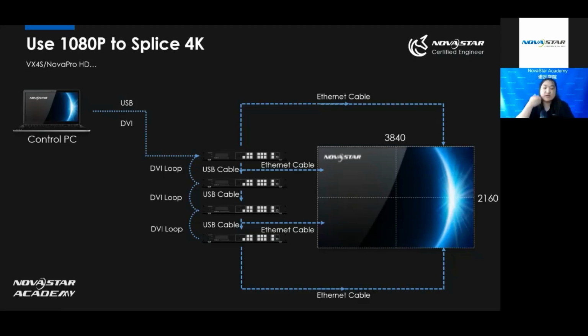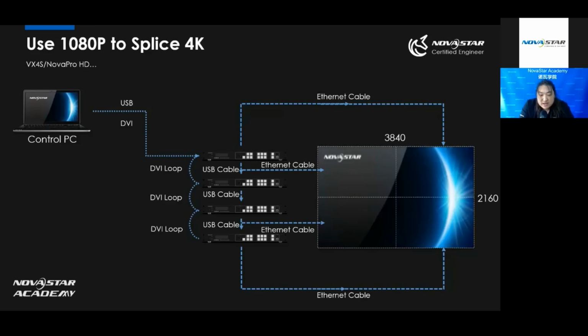As we can see here, the control PC gives the video signal like DVI, right? And by using the DVI loop we connect all the devices here. But someone will ask, what if I'm going to use HDMI? I have to say the answer is no. Why? Because it only has the DVI loop, so the input should be DVI as well.